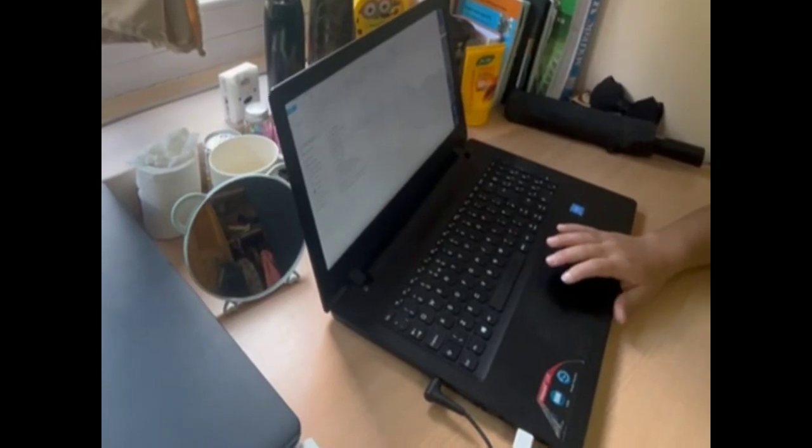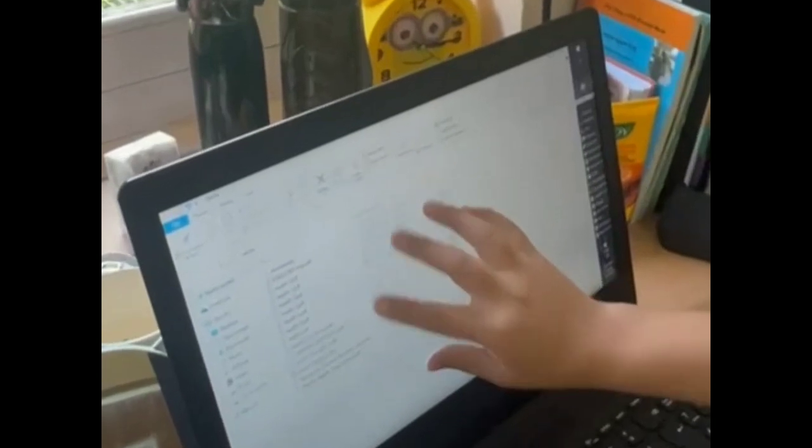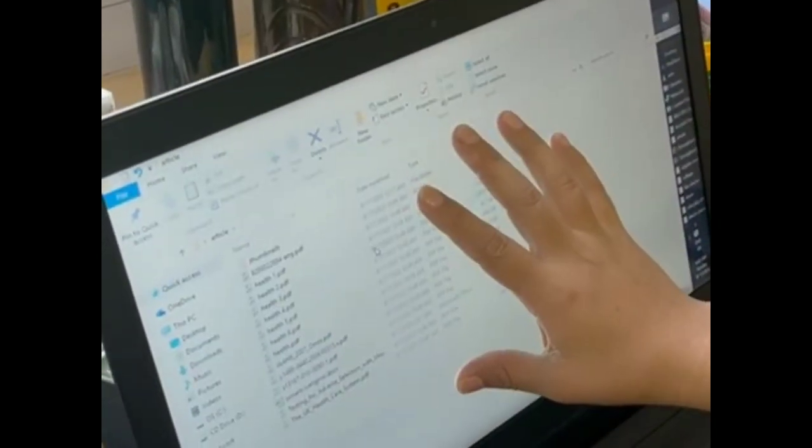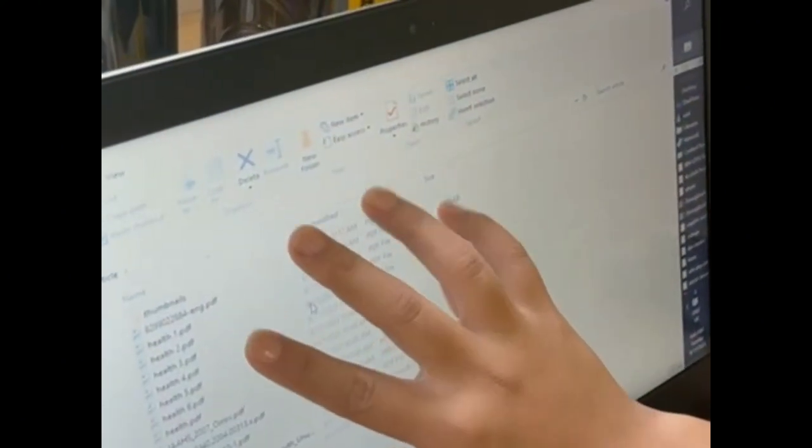Hello everyone. Basically these are the articles that I found and downloaded from Google Scholar. I could not find articles that are relevant to my exact topic, but I broke the topic into two parts.